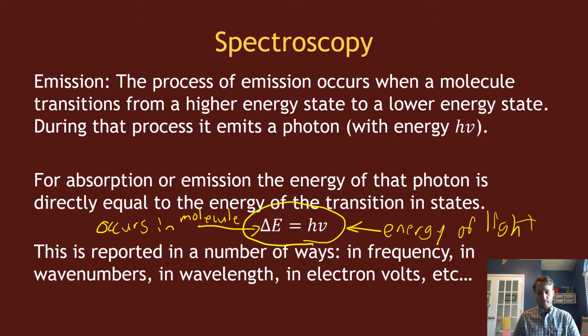And the energy of light can be reported in terms of frequency, wave numbers, wavelength, electron volts, whatever the case may be. This equation is essentially saying that the change in energy for your system, for your molecule, is related to the energy of the photon, and the energy of the photon is h times nu.